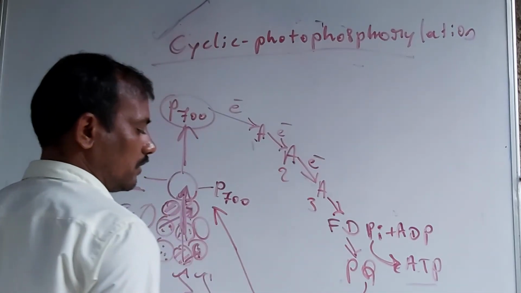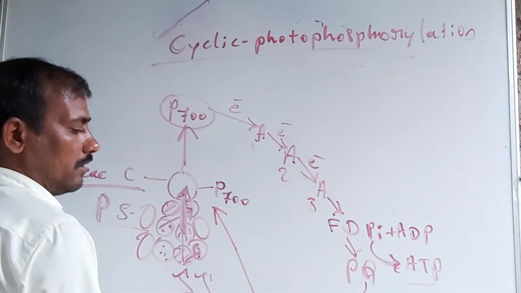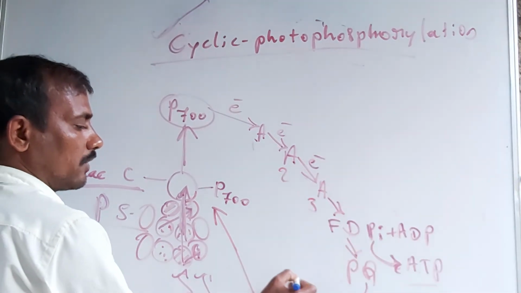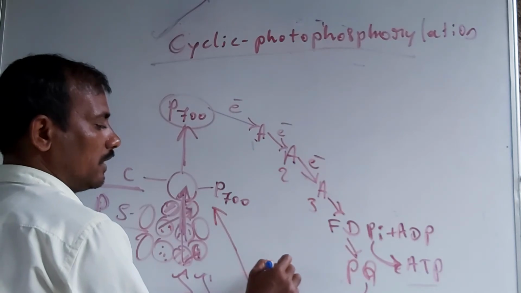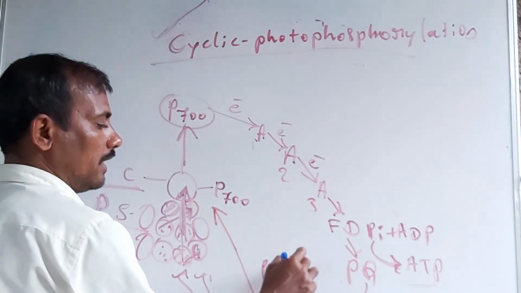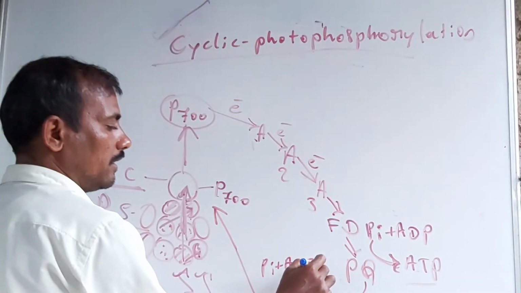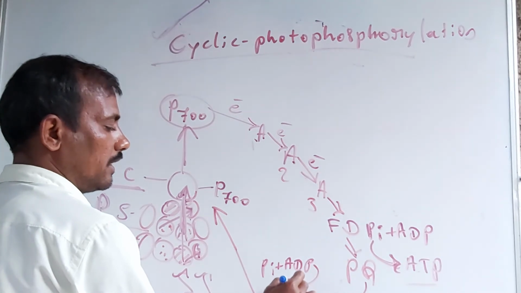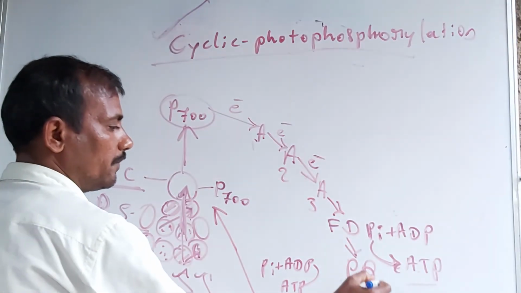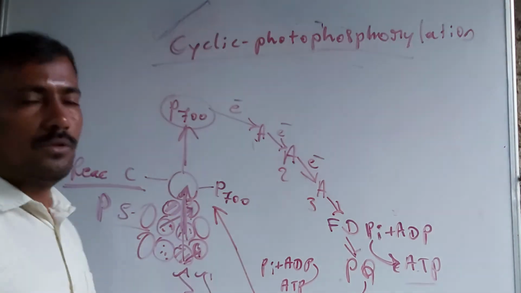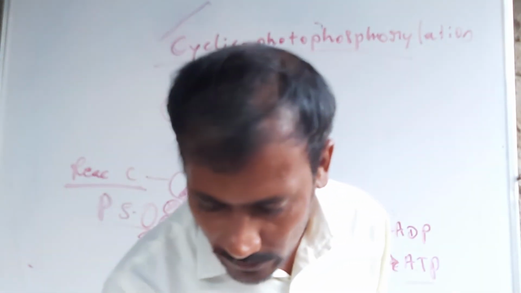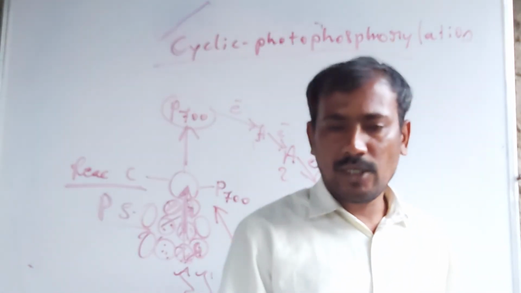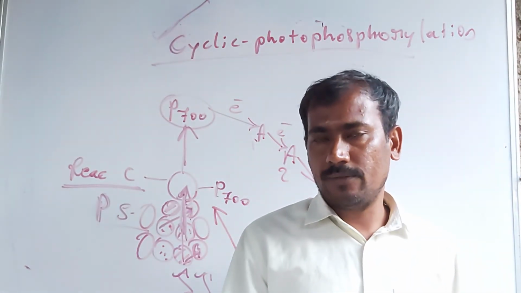This is one source. Again, here also the inorganic phosphate added to the ADP gets converted into ATP. So during cyclic photophosphorylation, a number of ATP molecules are generated.